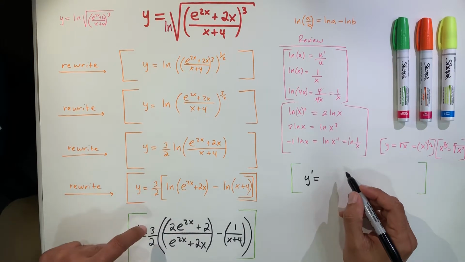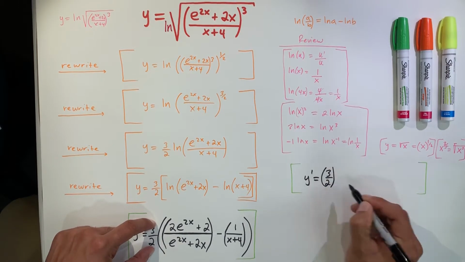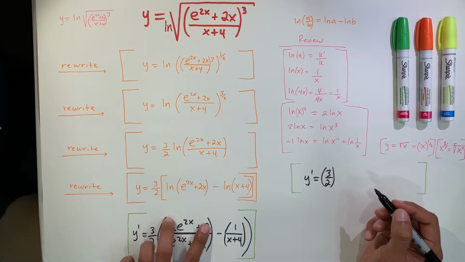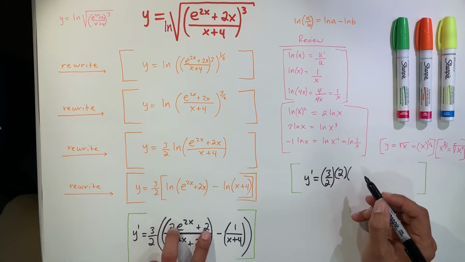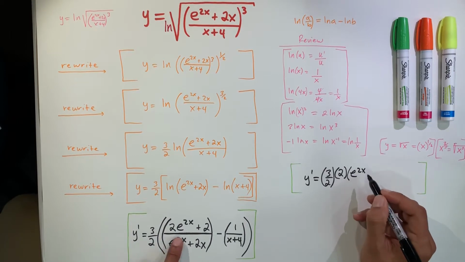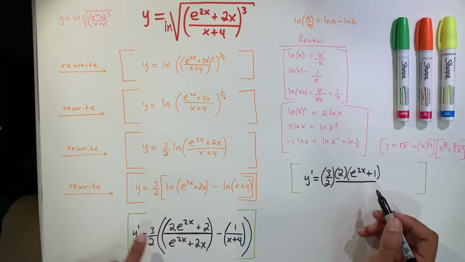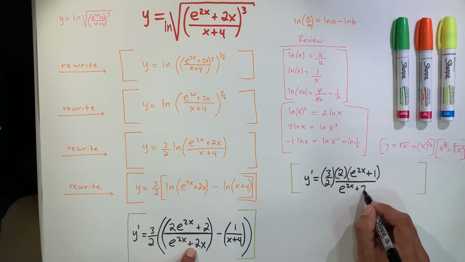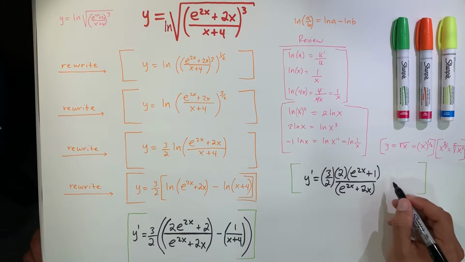So I'm going to write 3 over 2, multiplied by this entire parentheses here, but on top I'm going to take out a 2, and what I'm going to have left is just e to the 2x plus 1.